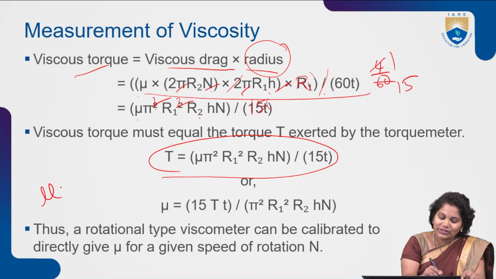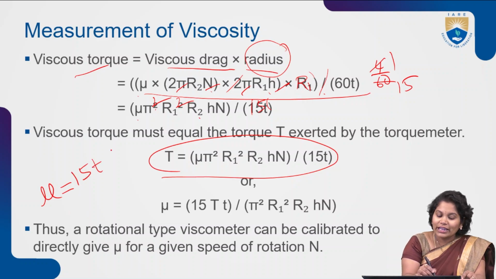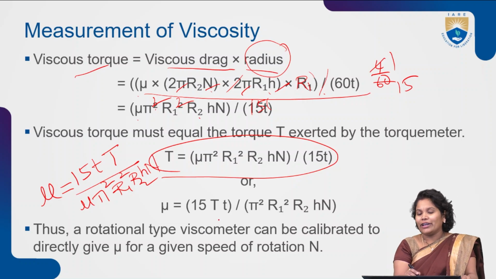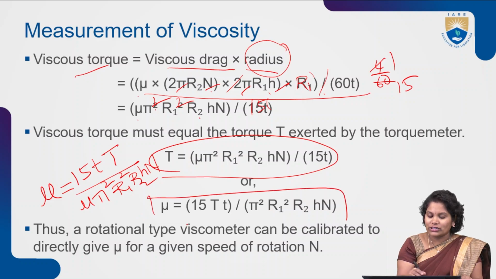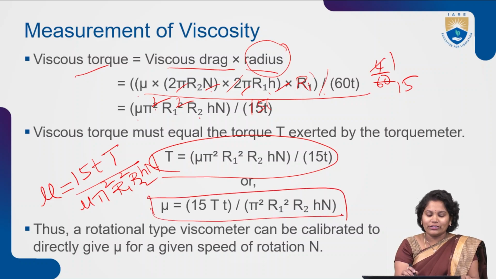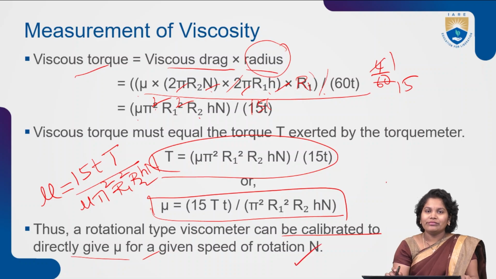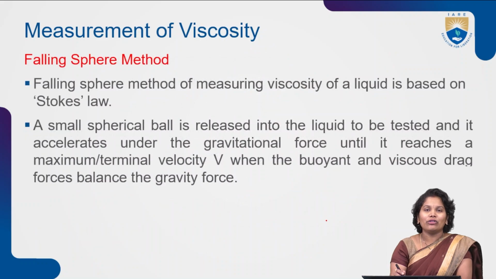So mu is equal to 15 T capital T by pi square r1 square r2 h capital N, right? This is the viscosity by rotating cylinder method. It is used for calibrating the viscosity for a given speed of rotation N. This is another method to measure viscosity.